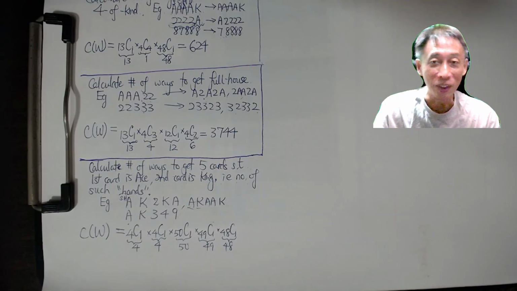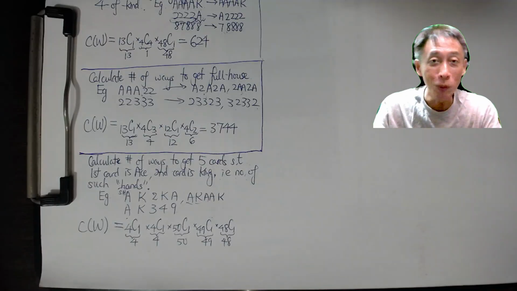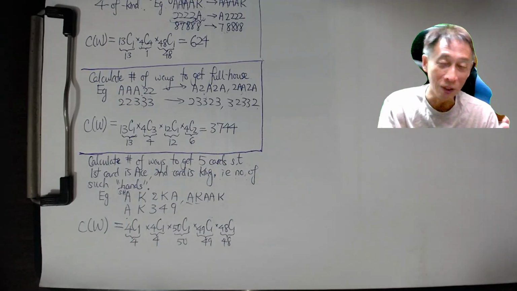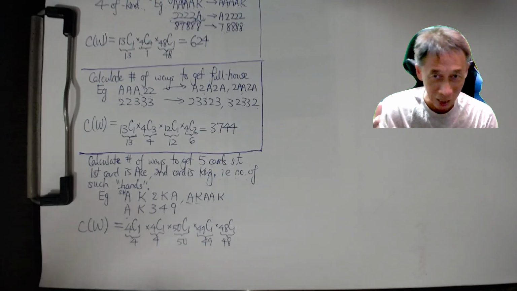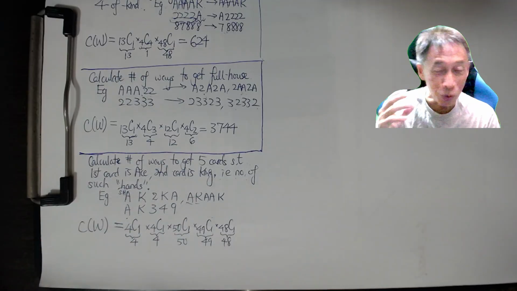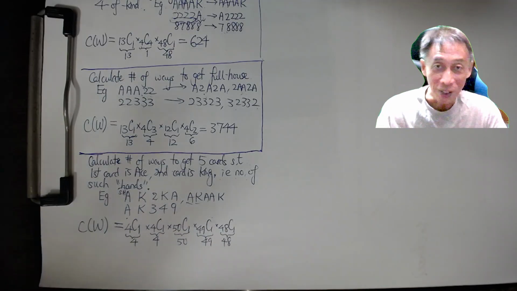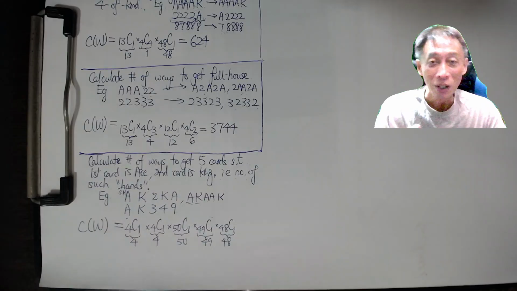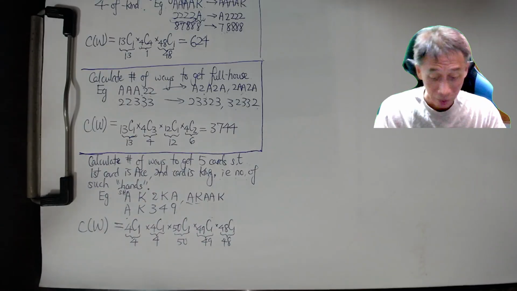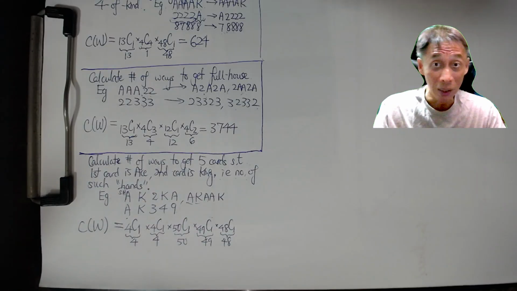And if you recall, to introduce permutations into a combination in order to get the permutation, we multiply by the number of cards factorial, right?